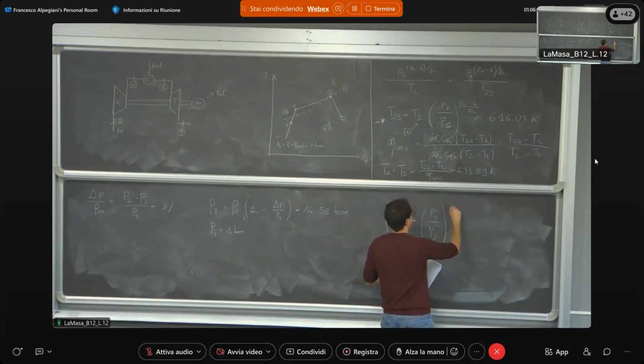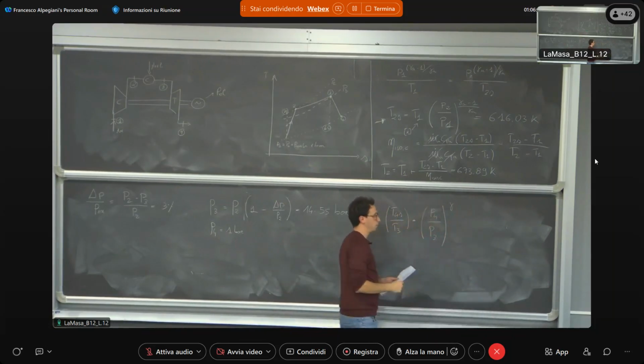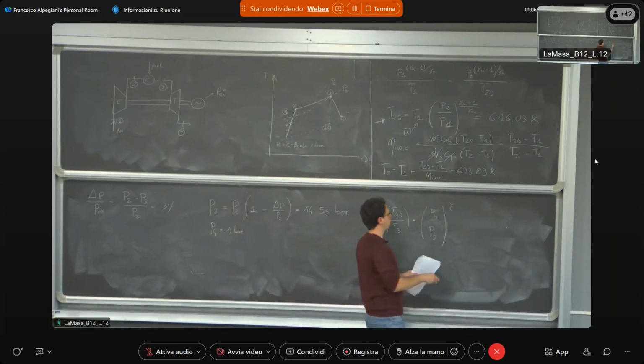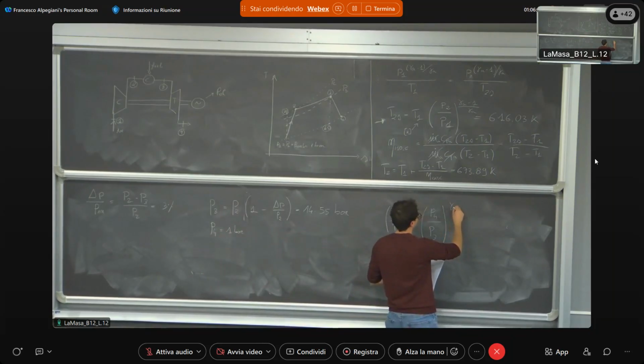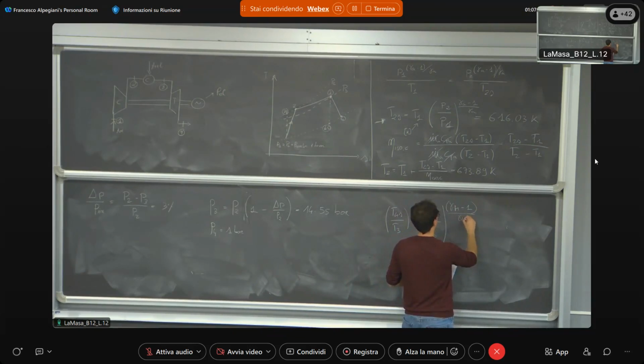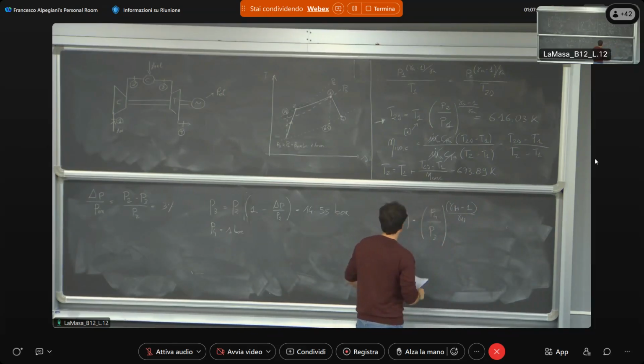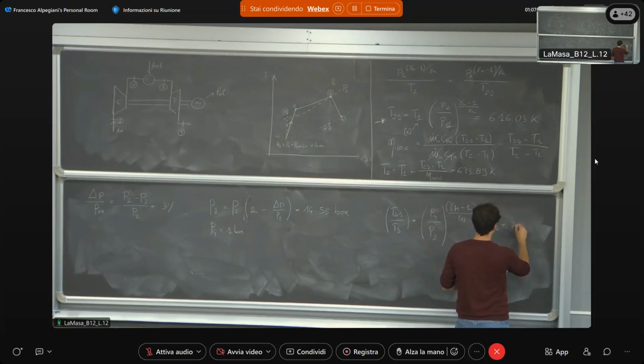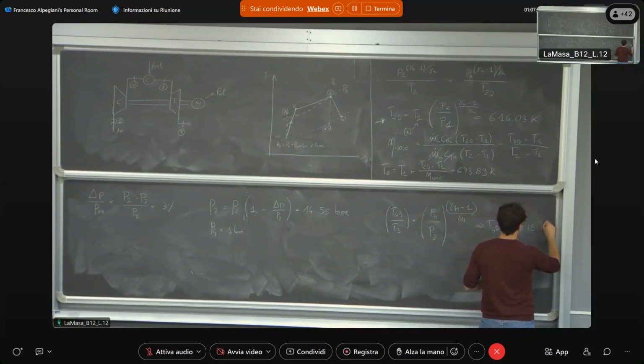At the power of gamma minus 1 over gamma. In this case, we do not have any more air, but we are expanding flue gases, so we need to use the correct gamma. So gamma of the flue gases minus 1, all divided by gamma of the flue gases. From here, we can evaluate T4S, which comes equal to 755.15 Kelvin.